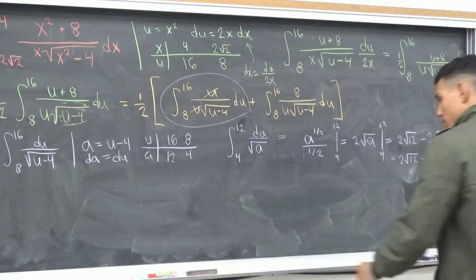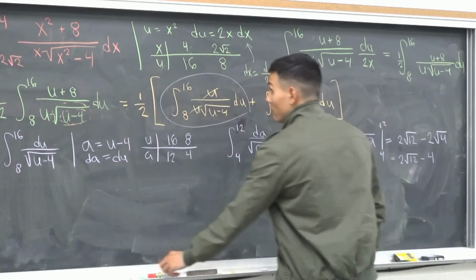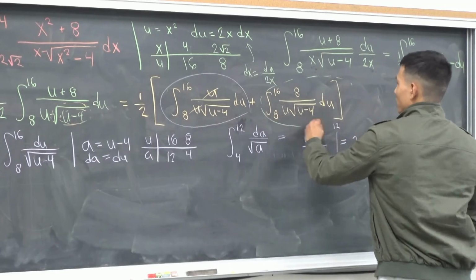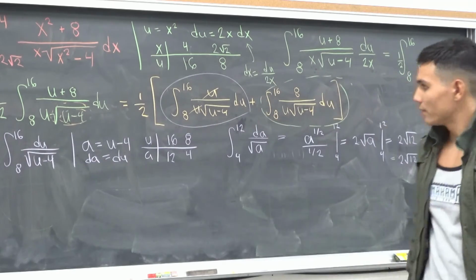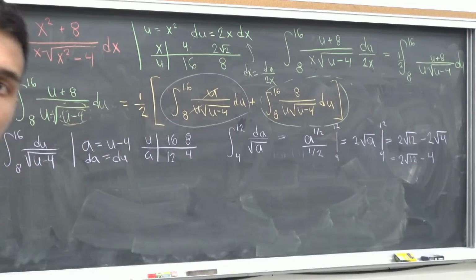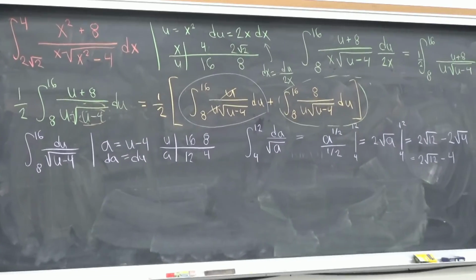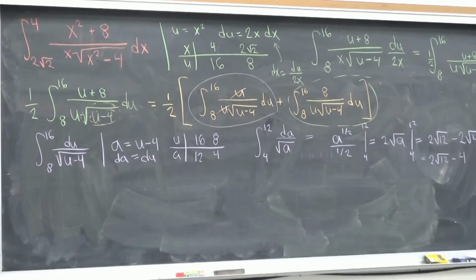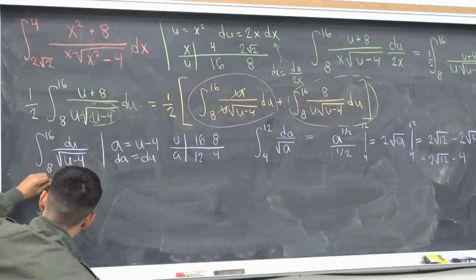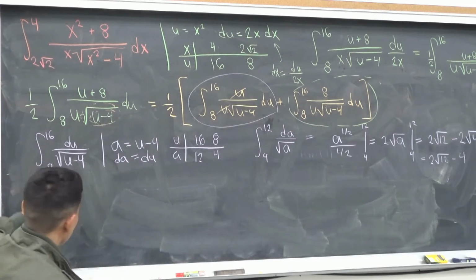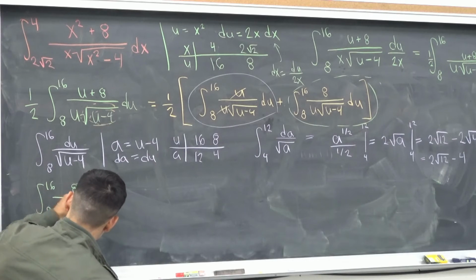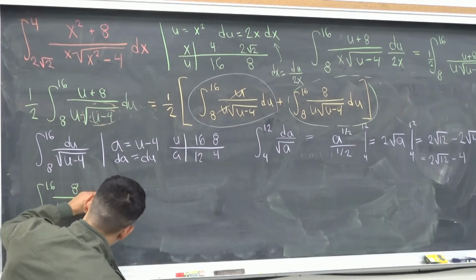Okay, let's do this other integral, and I'll do this one in green. Okay, move my chair, sit down. This other integral, 16 to 8, 8u over square root u minus 4.